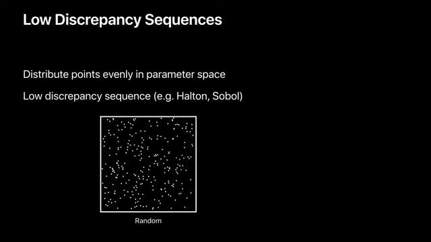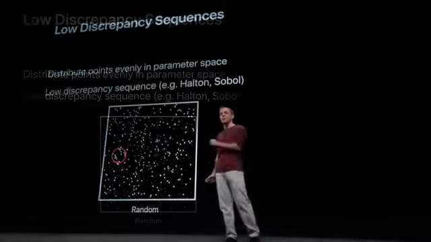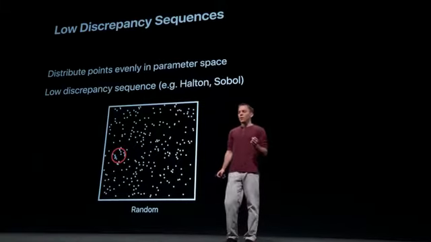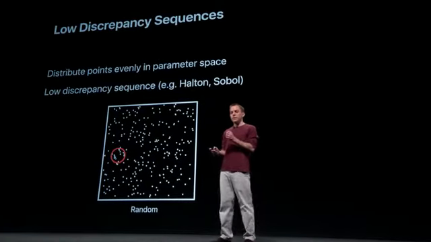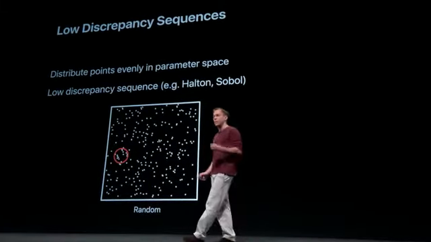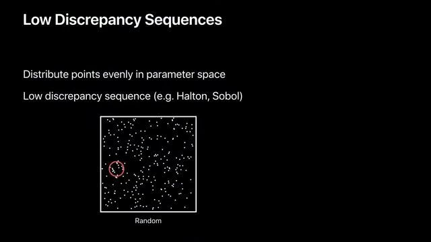The position of these points in parameter space can have a big effect on image quality. If you just choose them randomly, you tend to end up with regions where sample points clump together. This causes us to fire rays in pretty much the same direction, and that's just wasting rays. You can also get areas without any sample points at all, which impacts image quality because we're undersampling the scene in these areas.